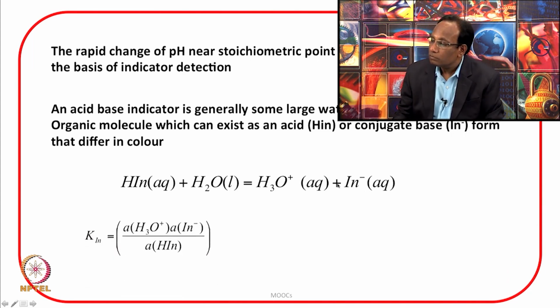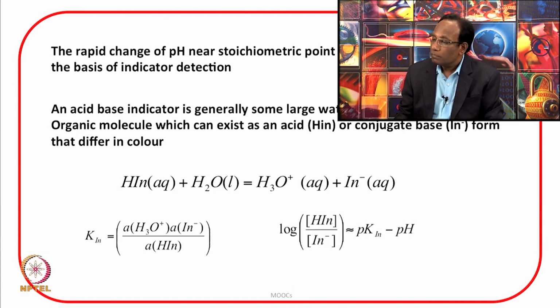Let us write down equilibrium constant for this, KIn I write, which is activity of hydronium ion into activity of indicator in the negatively charged form over activity of the indicator in weakly acidic form, and take the logarithm and express this logarithm ratio of log HIn by In minus as pKIn minus pH. This relation can be obtained by manipulation of this. And now I can use this relation for further discussion.